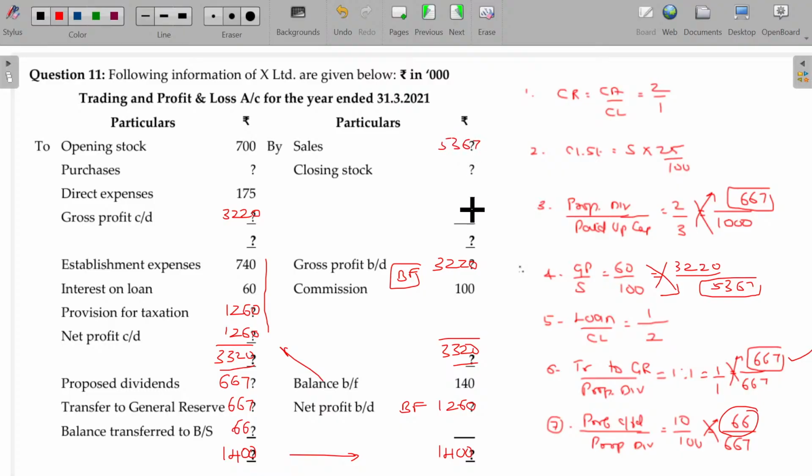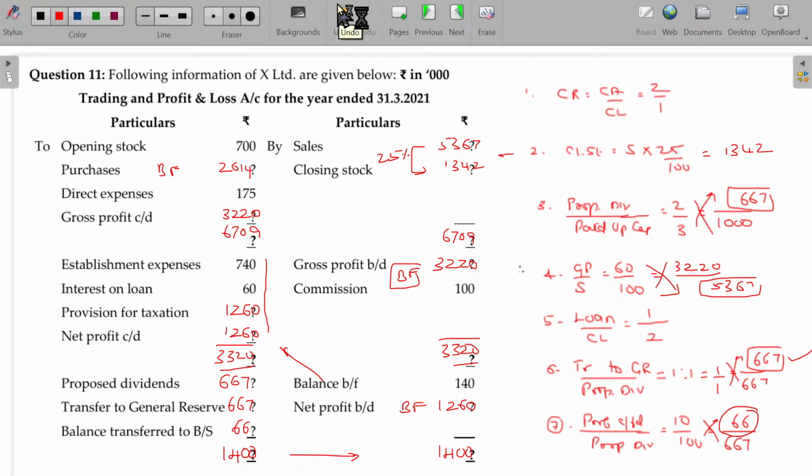Closing stock is 25% on sales, 1,342 from this detail. Now the credit side is over, so you can total it up, 6,709. And purchase should be the balancing figure, 2614. So we have completed the trading and P&L account fully. Closing stock being 1,340.